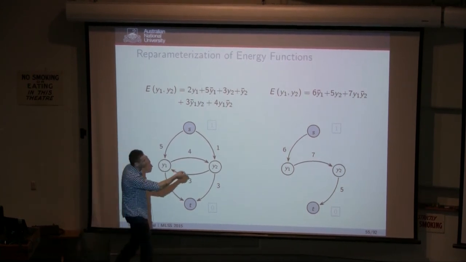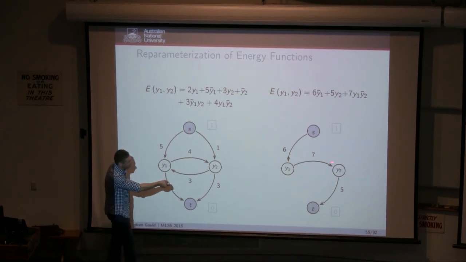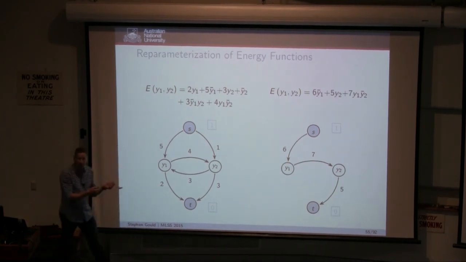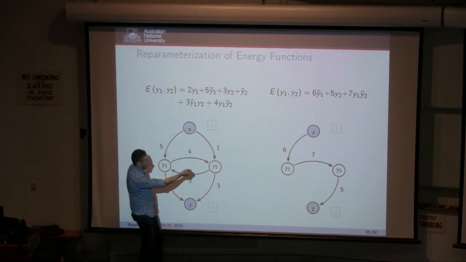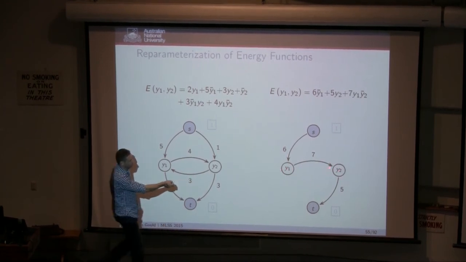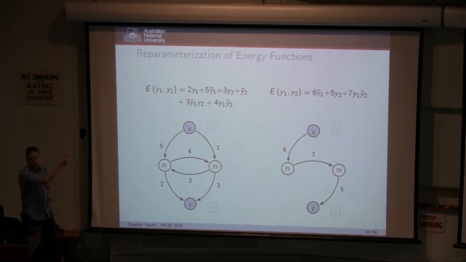In fact, I could take this one step further by sending flow of 5 through this augmenting path. That would remove this edge altogether. I would have a new graph, which I could read the energy function of. It's going to be y1 bar plus 2 times y1 bar y2 plus a constant of 5.